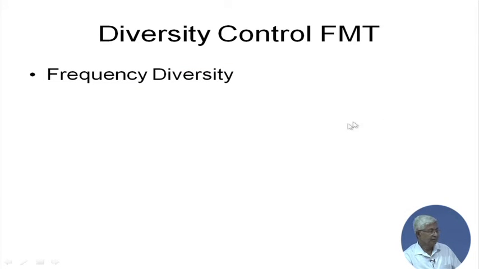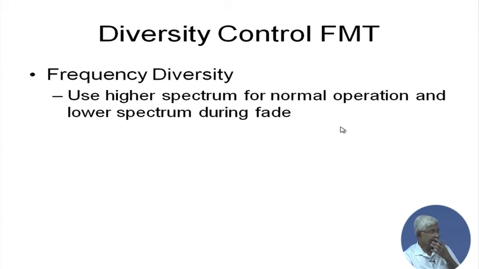You can have frequency diversity. You have seen higher spectrum for normal operation and lower spectrum during fade. In normal operation you can use the higher spectrum with many advantages, and when fade occurs, since the higher spectrum has large attenuation, you come down to another spectrum where this attenuation does not exist or reduces.